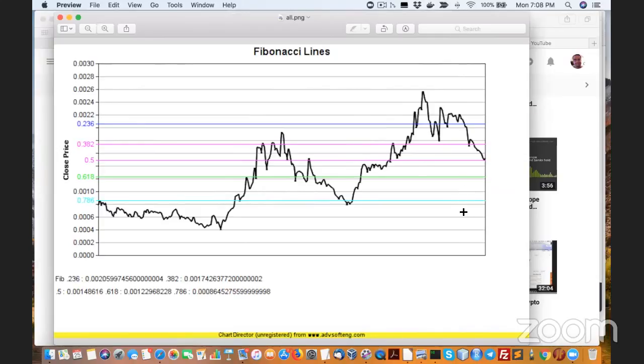And this is where we're at. So it's a much better accuracy. And here we have a 50% line as well, or a 0.5, and then the usual 0.236, 0.382, 0.618, and 0.786.